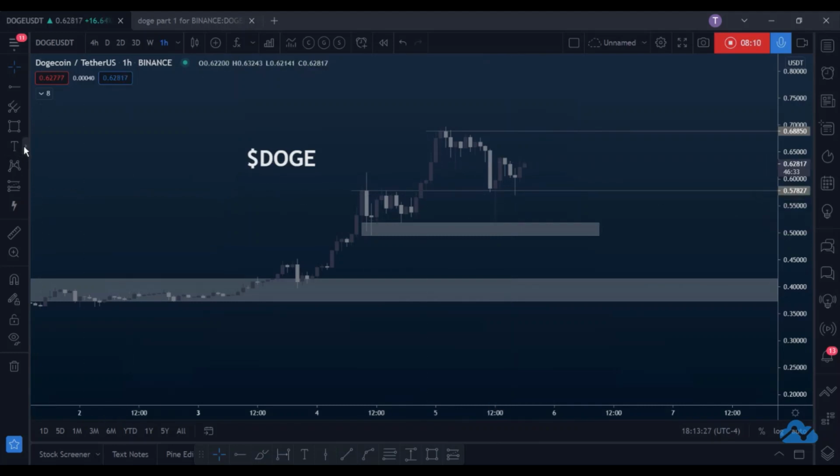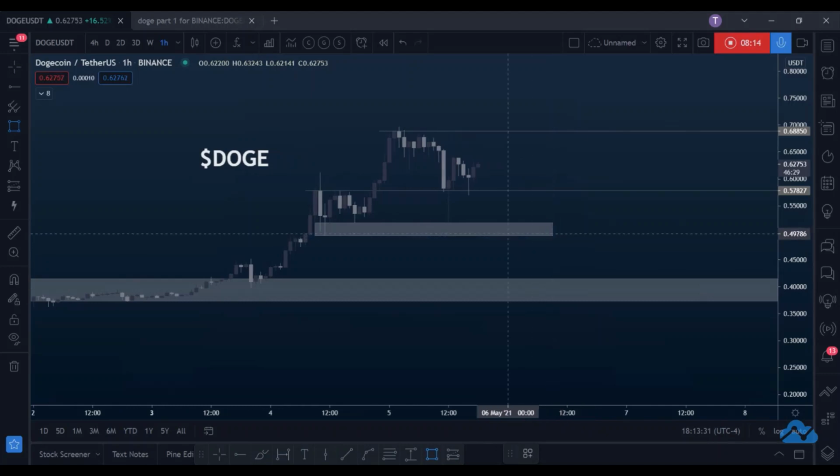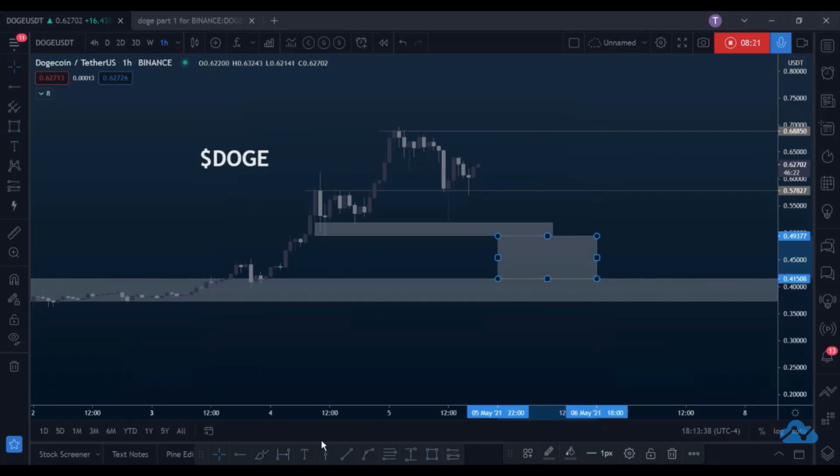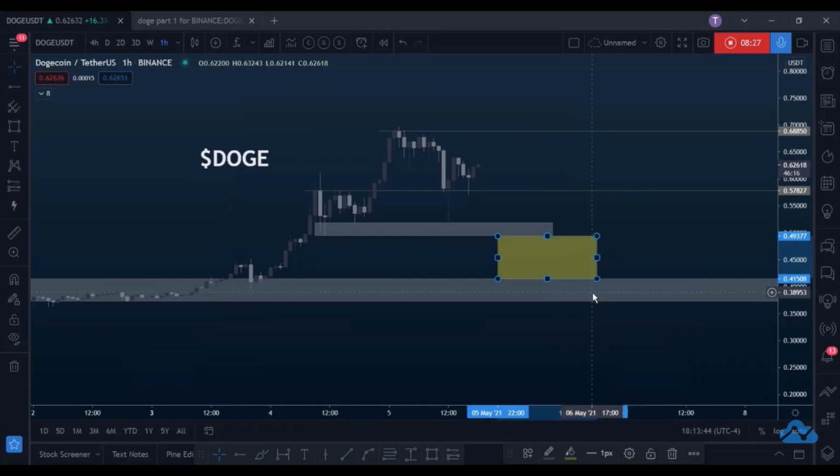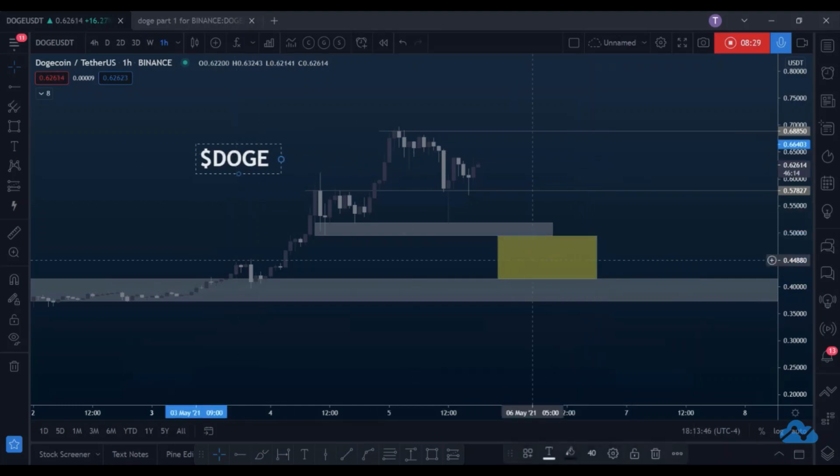And what I'm seeing is that it's creating this little gap here, right? Let's change this color, let's make it yellow. Okay, so I'm seeing this little gap here, right?